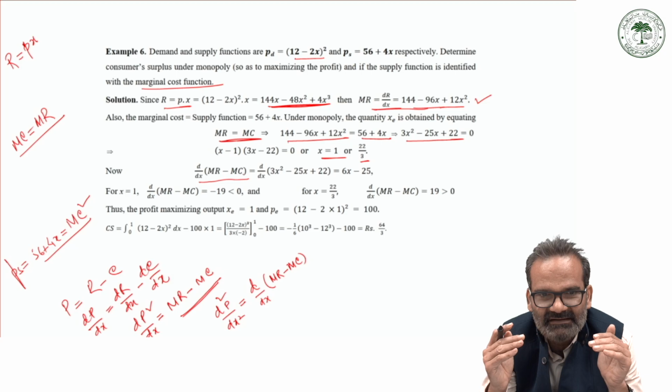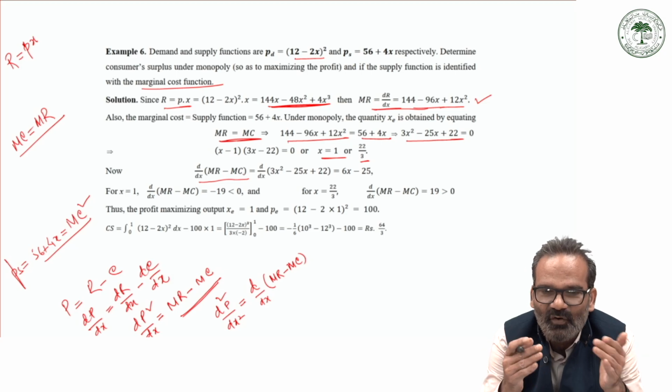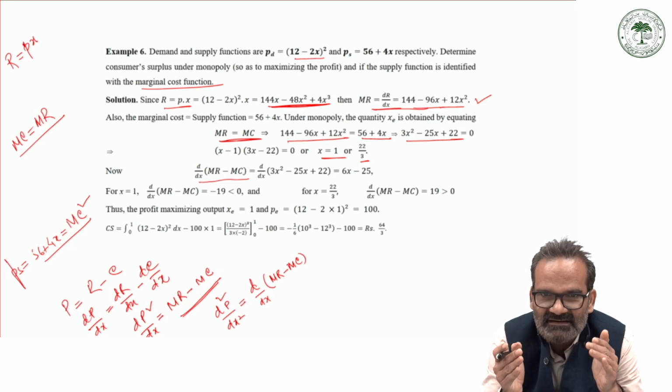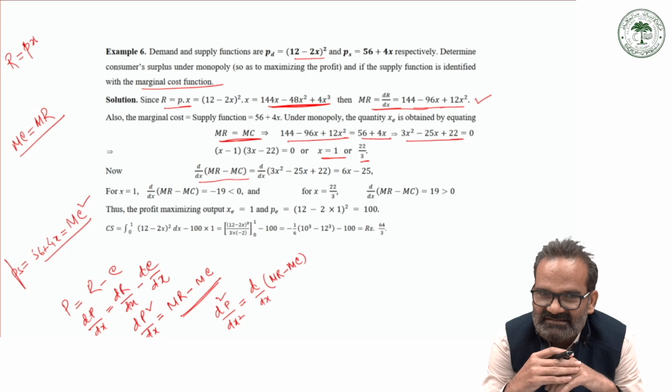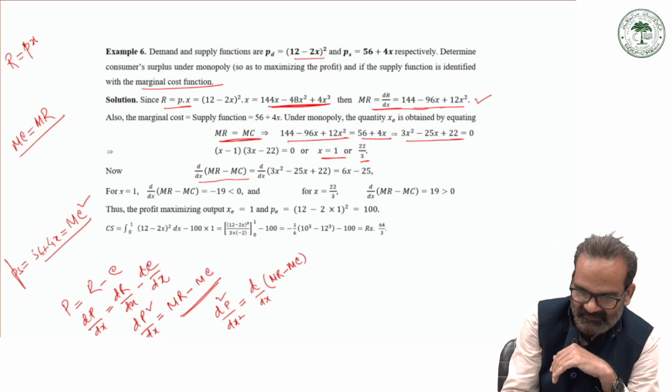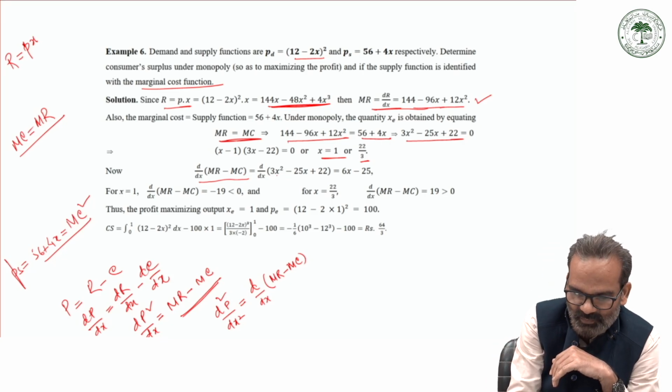MR minus MC is coming out to be dP over dx, that is the first derivative of the profit function. So the second derivative of the profit function will be the derivative of the difference MR minus MC. Its derivative is coming out to be 3 into 2, that is 6x minus 25. This is our second derivative.